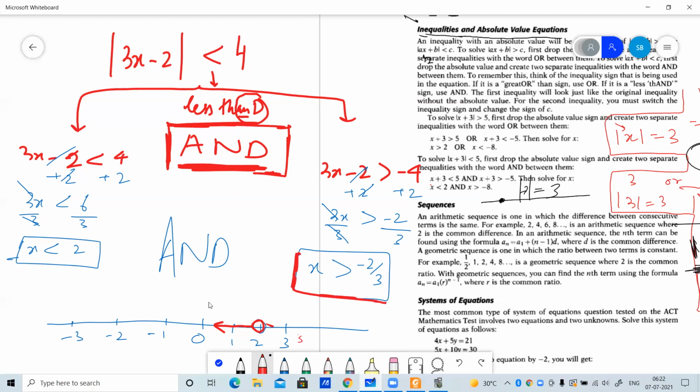It's -0.666, right? So it'll be nearly here. You'll again make a hollow circle, and then it's greater than -0.666.